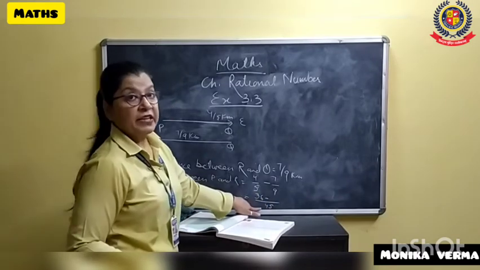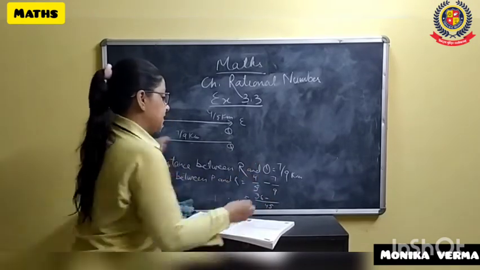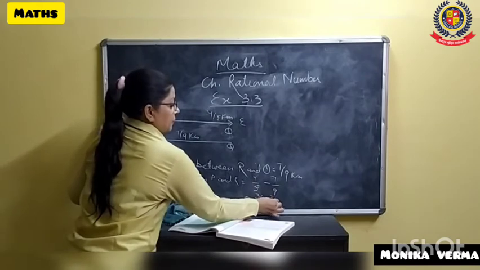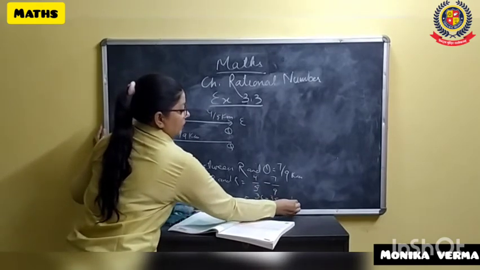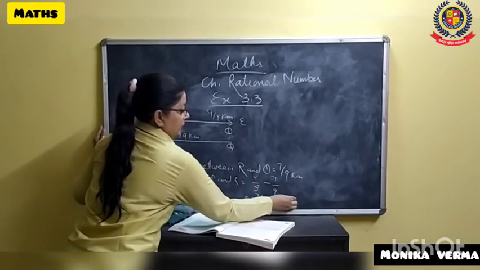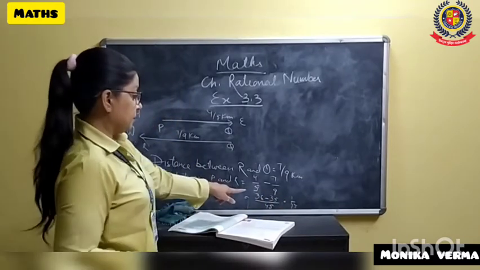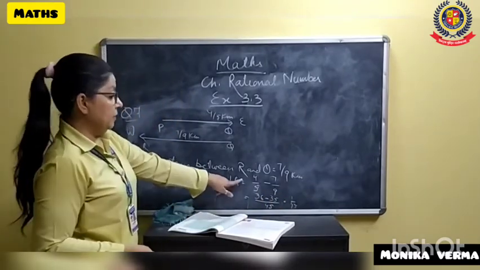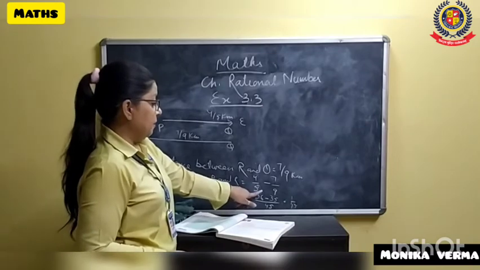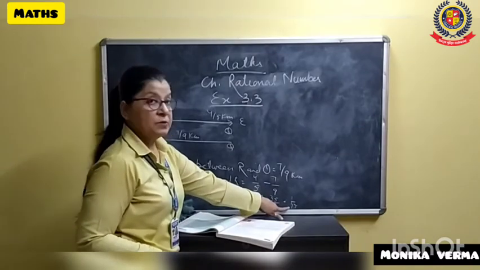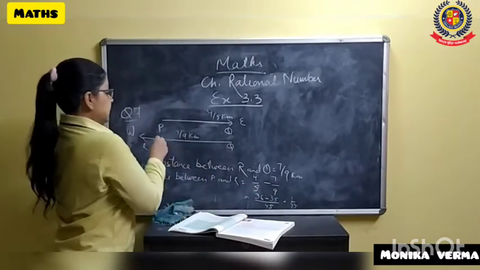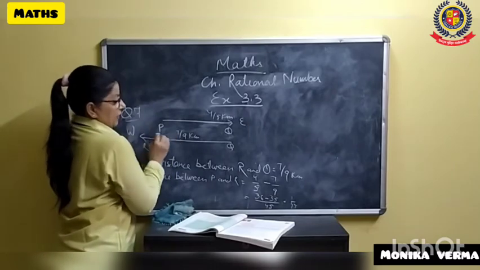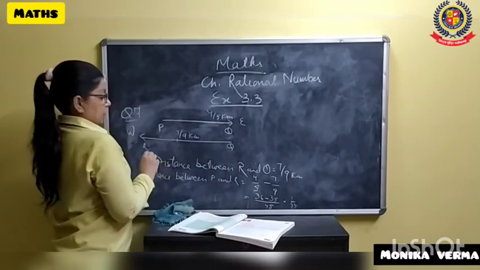Minus 45 divided by 9 is 5. 5 7s are 35. So we got 1 by 45. Am I clear? 4 by 5 minus 7 by 9. And this answer is positive. Positive means he is not on the left hand side. He is here only. Okay?